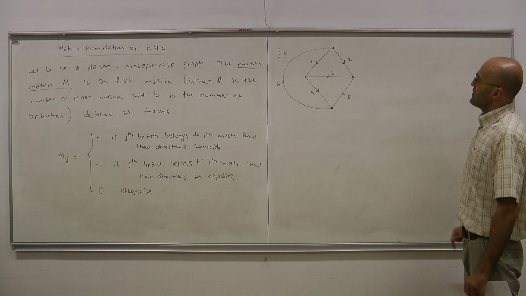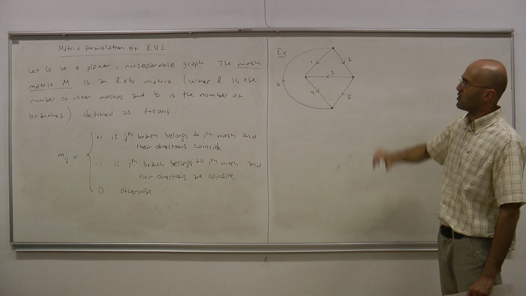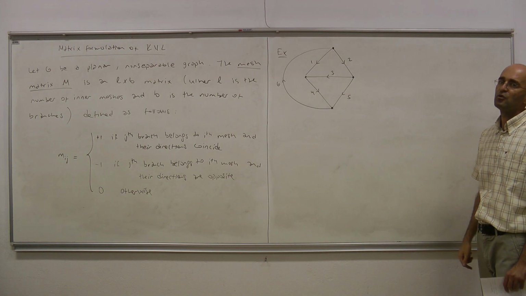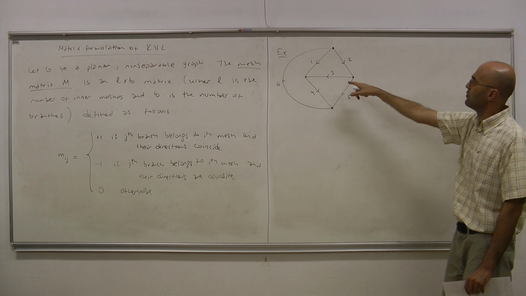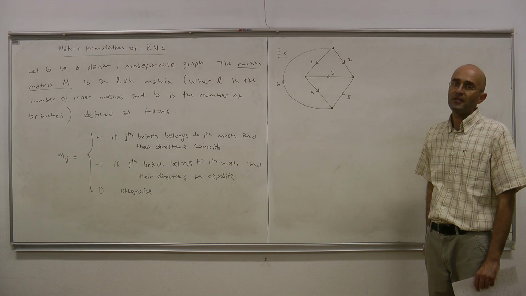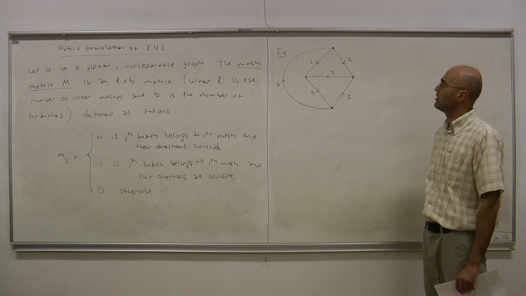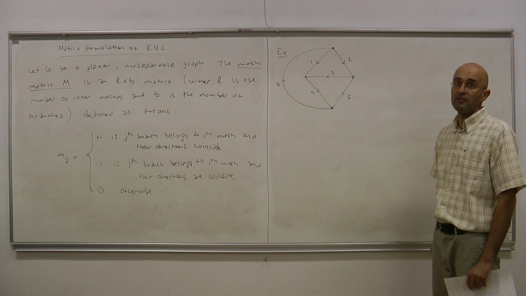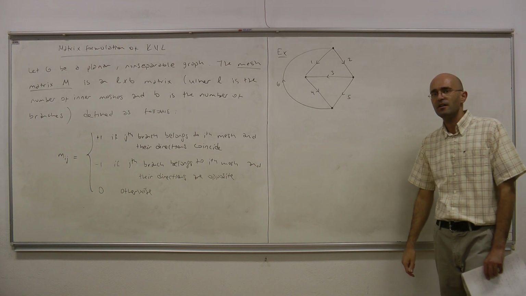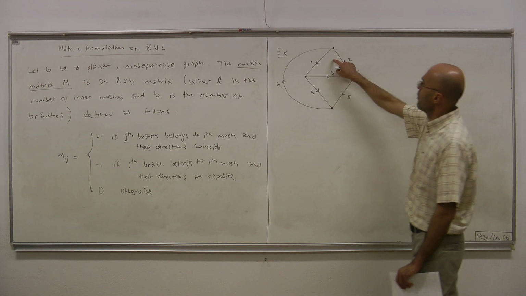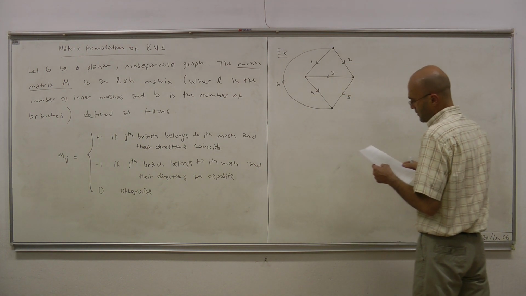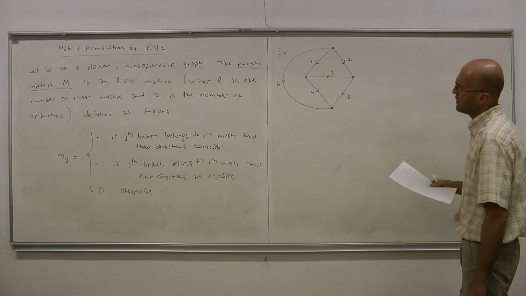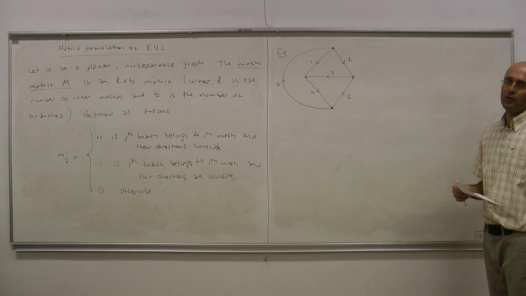I want to emphasize that the inner meshes depend on how you draw the graph. Had we drawn this graph in a different way, then we would have different inner meshes. But suppose that this drawing is given to us, and now we are to determine inner meshes. We have 3 inner meshes, and those inner meshes also have a direction.